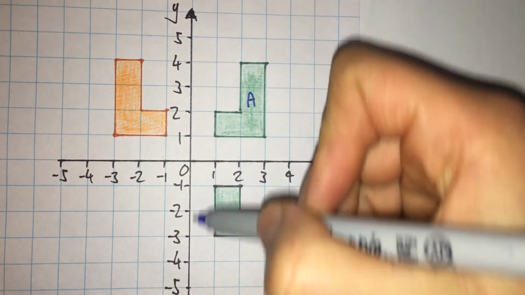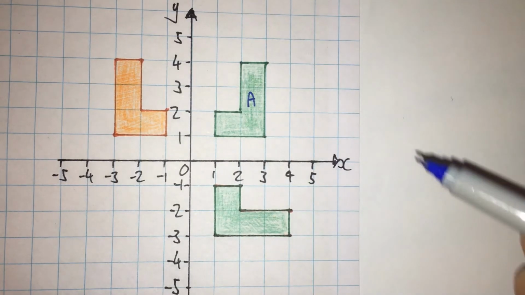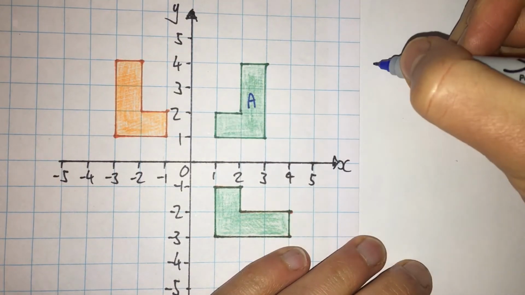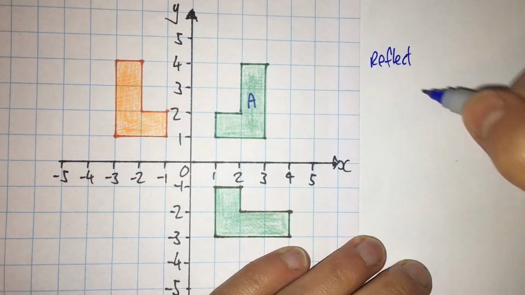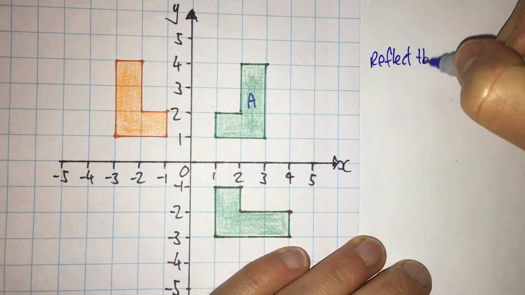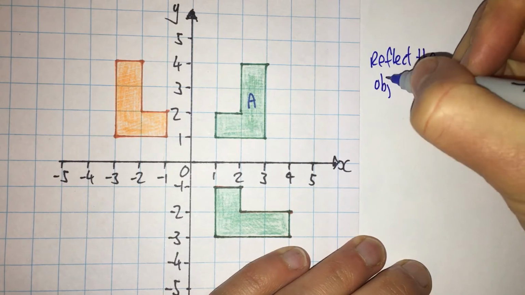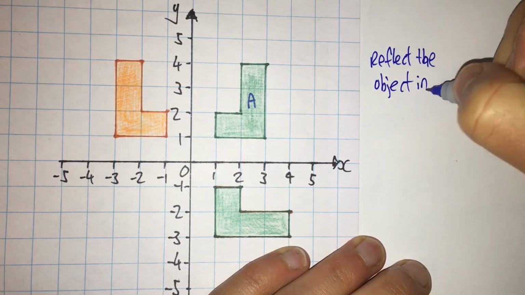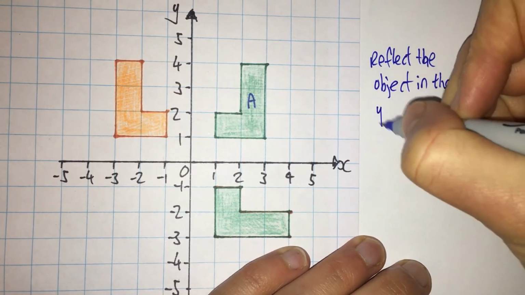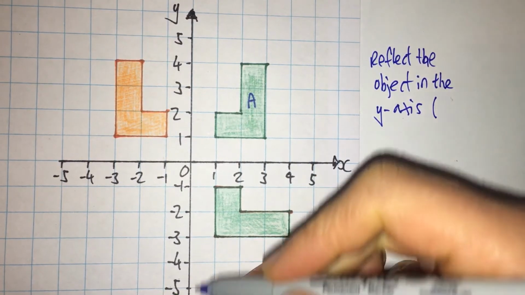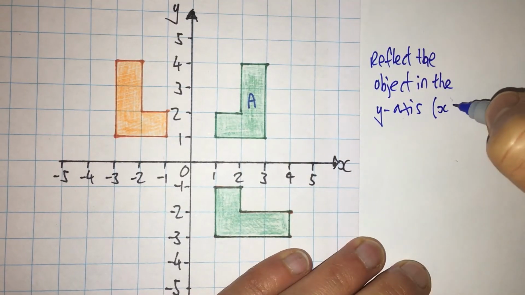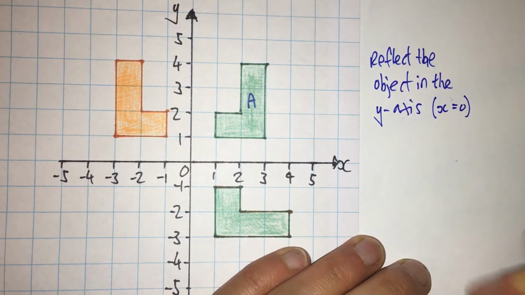It's along the y-axis, so we could describe this as reflect the object in the y-axis. Or we could say, instead of the y-axis, it's the line where x equals 0.